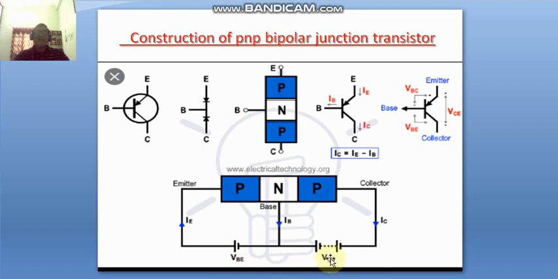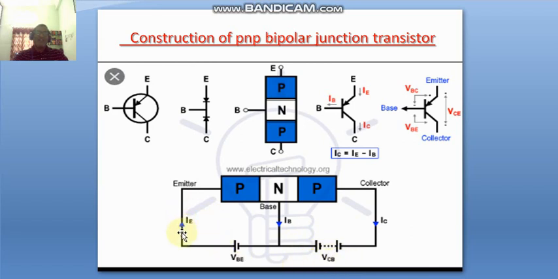Similarly, in the output circuit, the battery connected is represented with VCB. Here, CB represents collector and base. This battery is connected to the collector base region, therefore this battery is known as VCB.